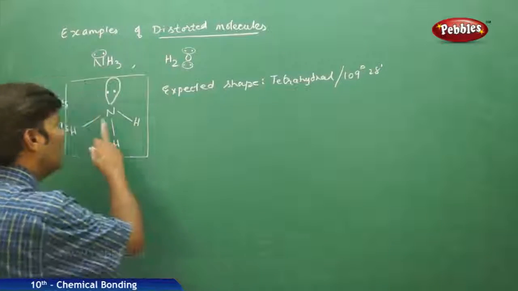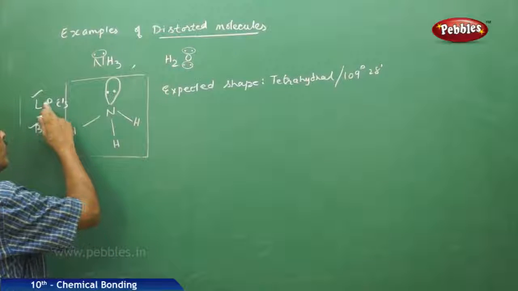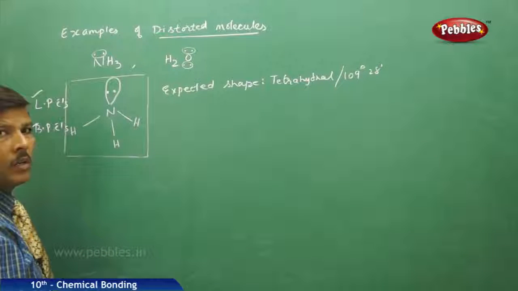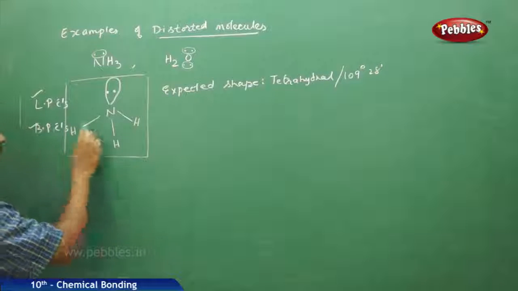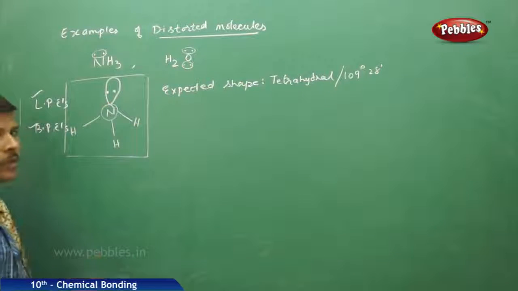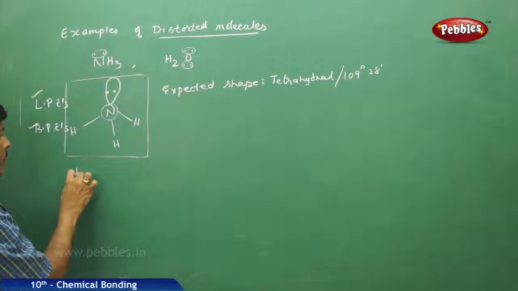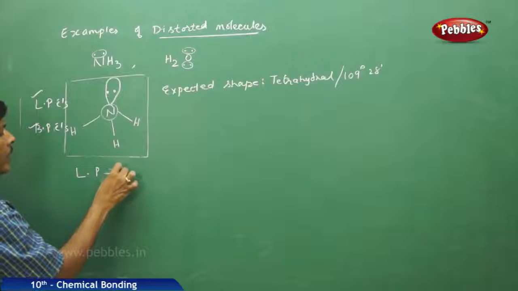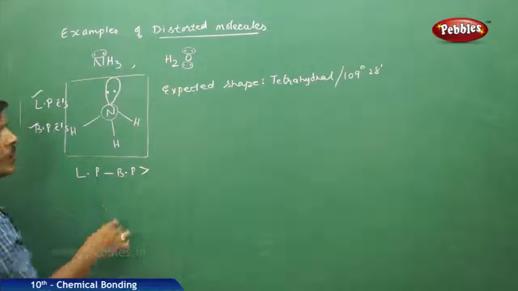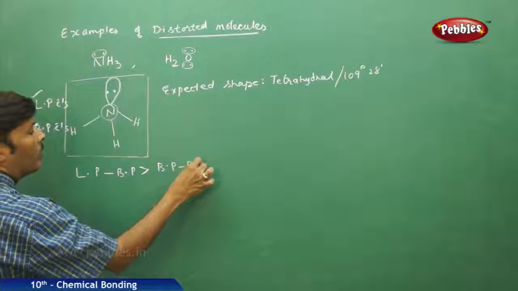But according to VSEPR theory, if you consider both lone pair electrons and bond pair electrons in this ammonia molecule, two types of repulsions take place with respect to the central atom. Lone pair to bond pair repulsions in the ammonia molecule are greater than bond pair to bond pair repulsions.